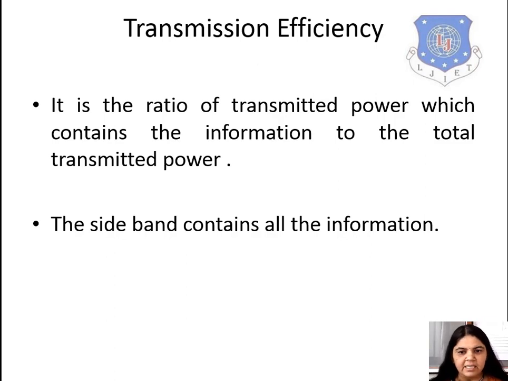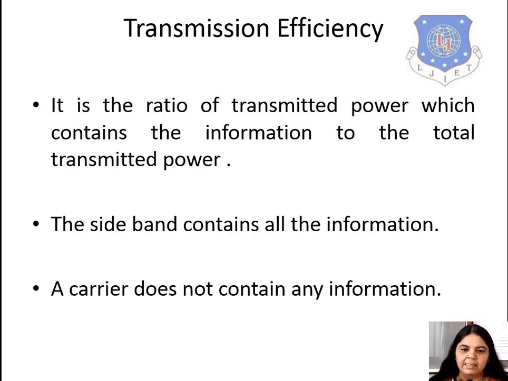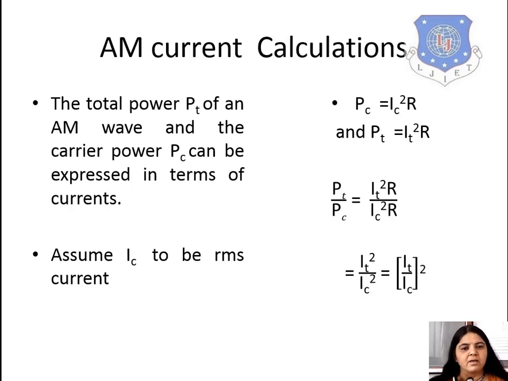The sidebands contain information and the carrier does not contain any information. That is why the value of PC is not involved in the equation, because the transmission efficiency is the ratio of total information to the total transmitted power. So this was about the AM power calculations.